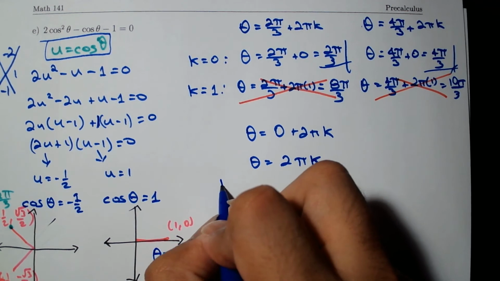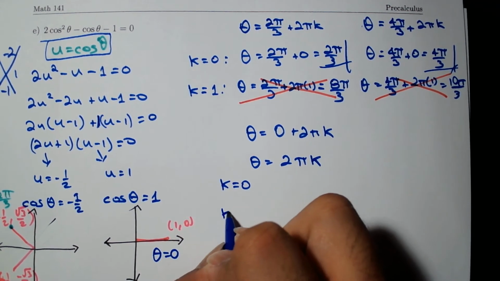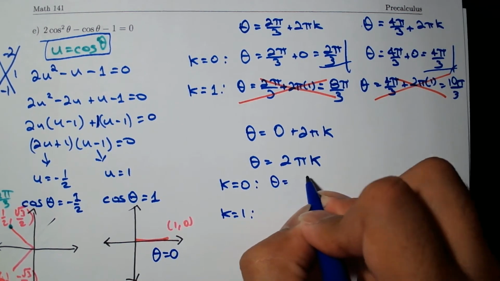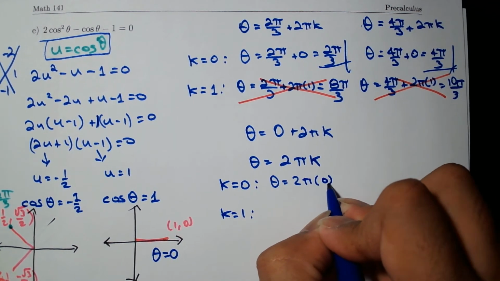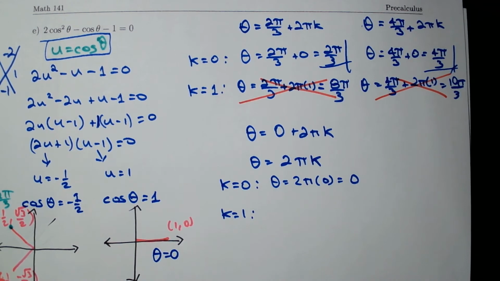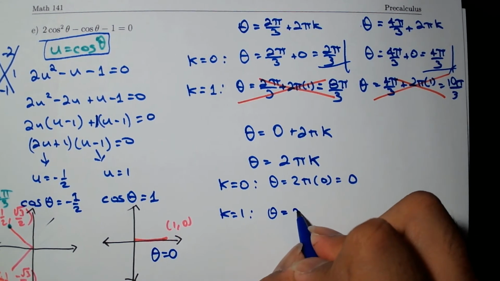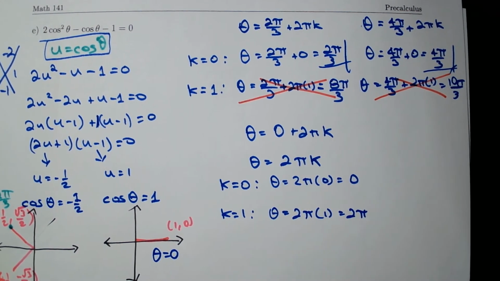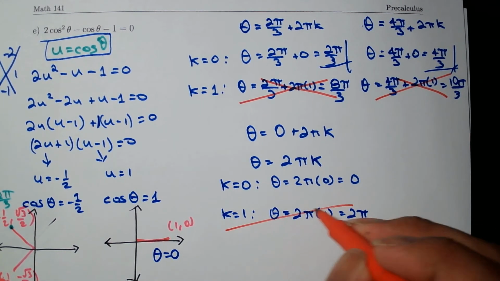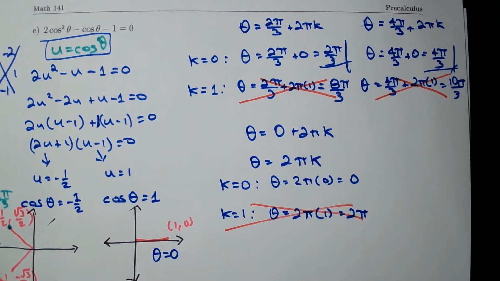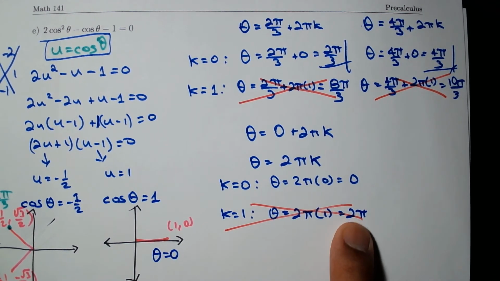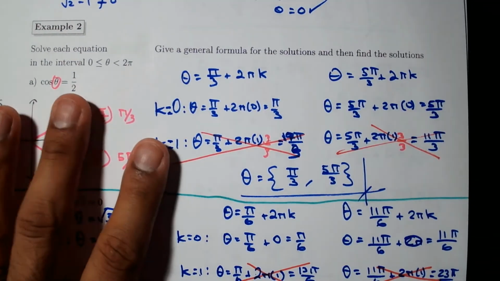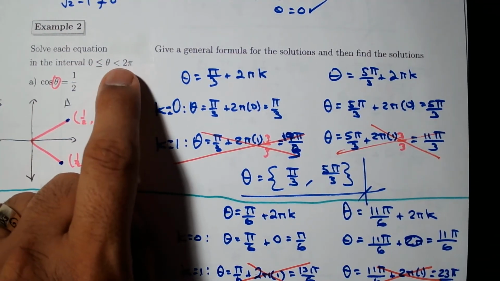Now let's do k equals 0 and k equals 1 for this. For k equals 0, theta equals 2 pi times 0, which is simply 0. That's good. But over here, theta equals 2 pi times 1, which equals 2 pi. This solution gets disregarded because that's actually equal to 2 pi. For the solutions that we want, we don't want to include the 2 pi.